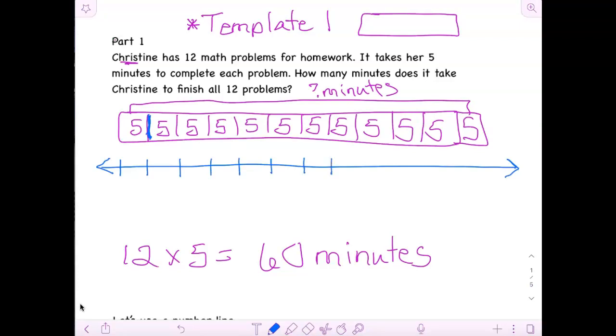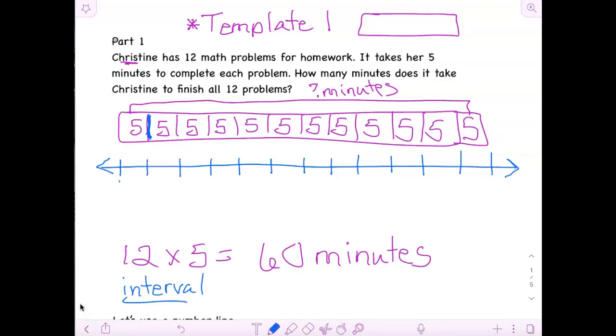Another word for a segment is interval. Interval is one of the vocabulary words for this module, which is basically the space in between these two marks, which in this case is 5 minutes.